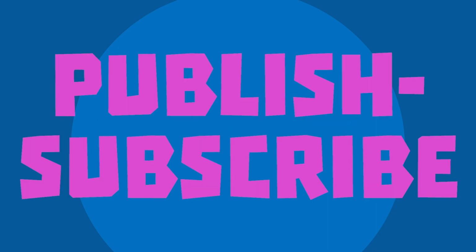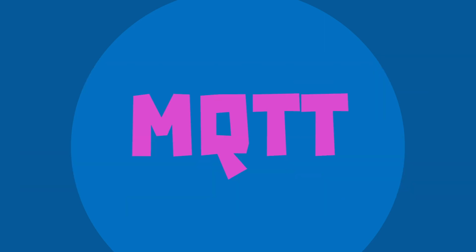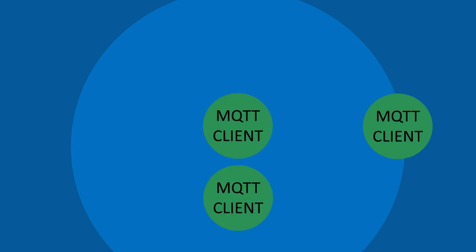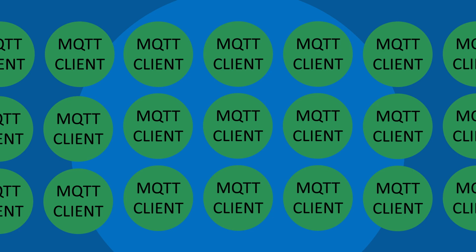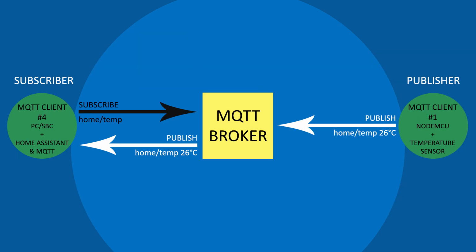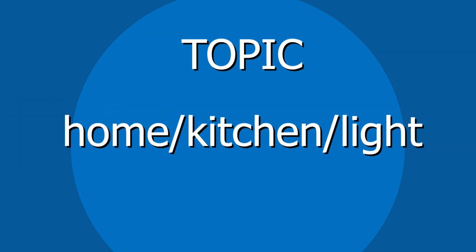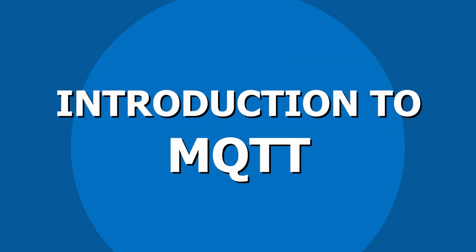In one of my videos, I also mentioned the publish-subscribe model based MQTT protocol that works differently than HTTP and is mostly used in IoT for collecting the data of multiple sensors. If you are interested in that one, you can check my introduction to MQTT video.